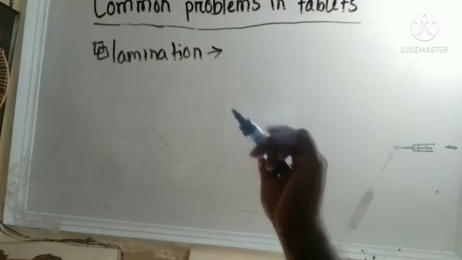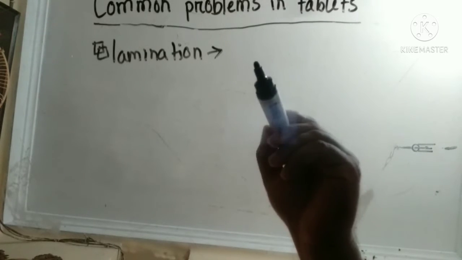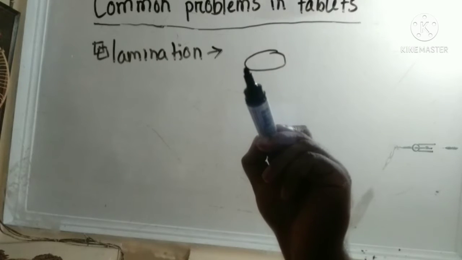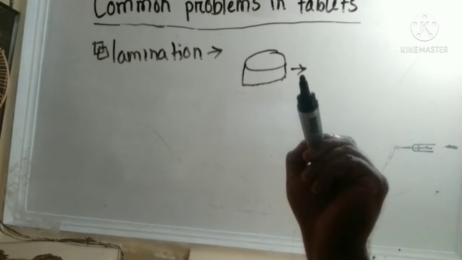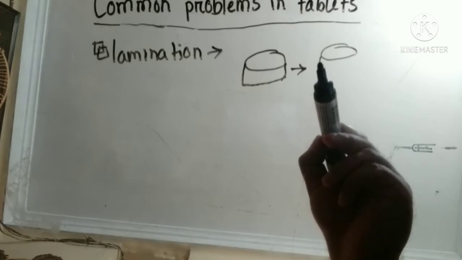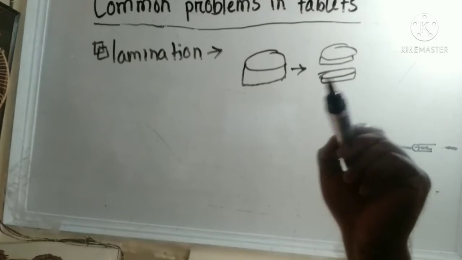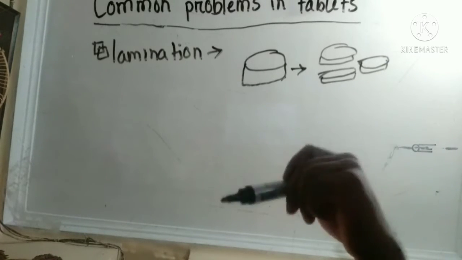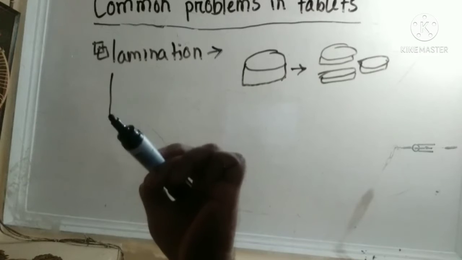Very easily you can say, we have seen in capping that the top or bottom layer is separated in the tablet, but in case of lamination, the tablet will be separated into different layers, into distinct or different layers. So what is lamination?